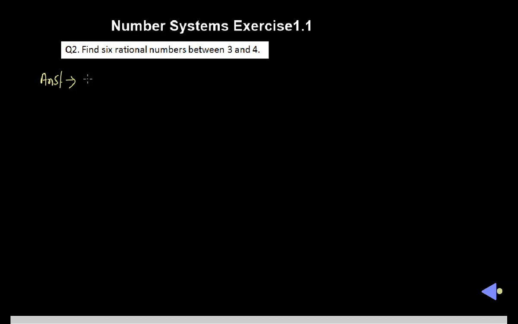So what is the method to find the rational numbers between two integers? Here we have two methods. The first method is very simple. Suppose we have two numbers r and s.